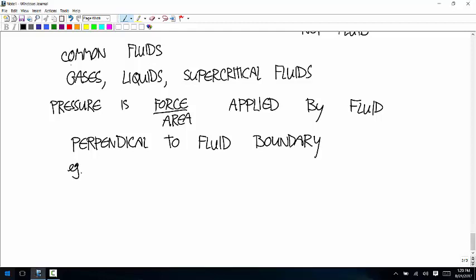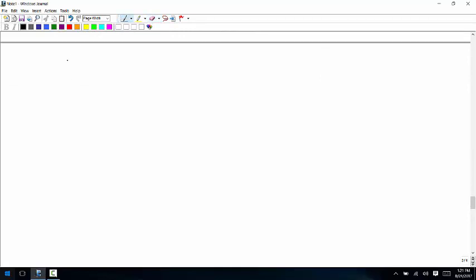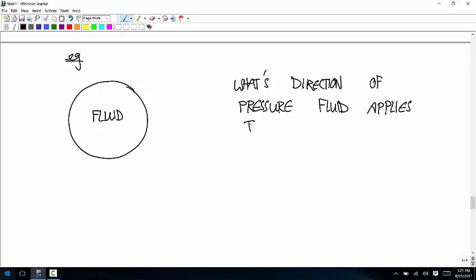So, for example, if you have a round vessel with a fluid inside, what is the direction of the pressure that the fluid applies to the vessel walls?